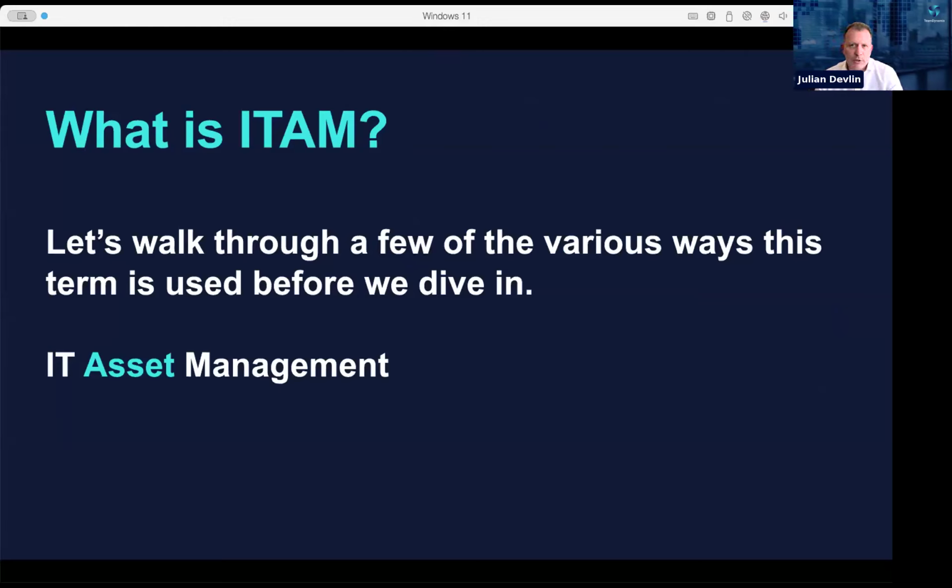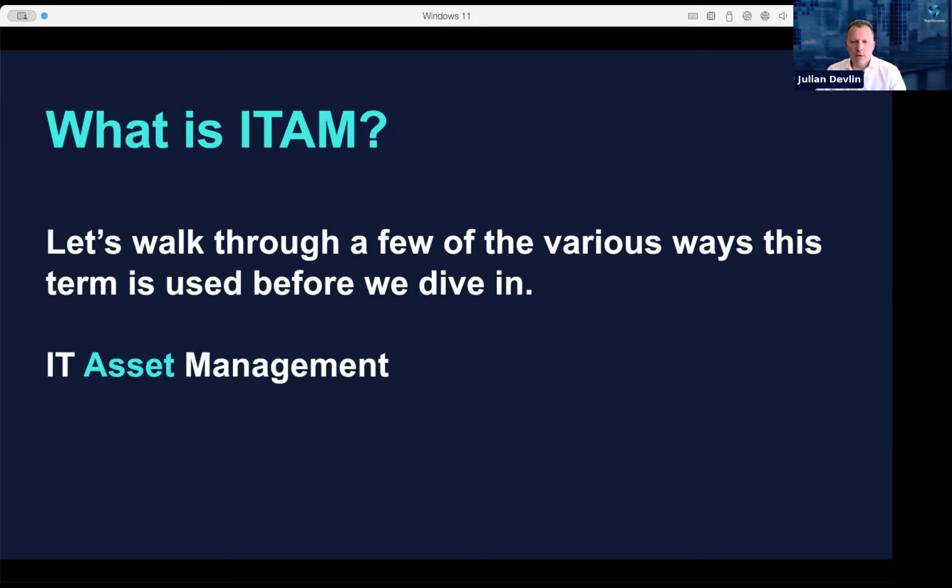Within your organization, you might have multiple tools that you would call asset management, ignoring for a moment the IT part. You might keep track of desks and chairs. You might keep track of widely diverse assets like pipes and highways. But in the case of IT asset management, primarily that's going to mean computers and software.